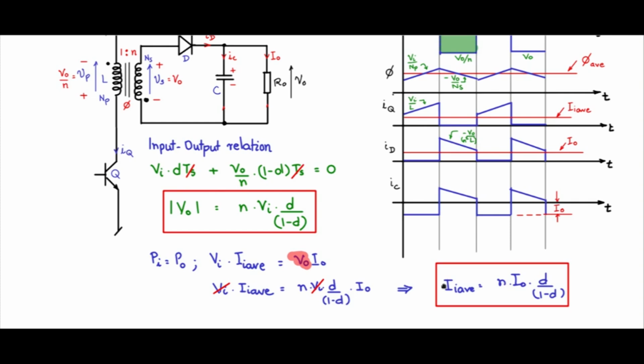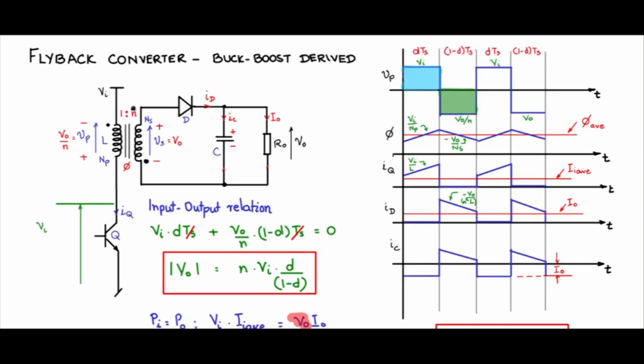When the transistor Q is on, we saw that the diode D is off, and the peak inverse voltage that it needs to support is N times Vi plus V naught. For the transistor, when it is off, it has to support a voltage of Vi coming across it, plus also the reflected voltage from the secondary.